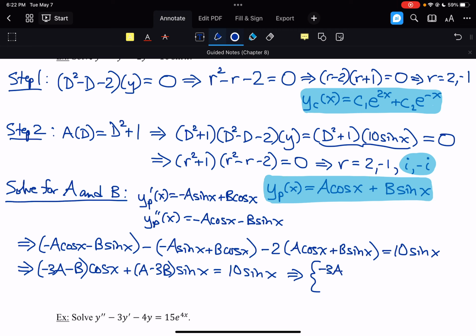So negative 3a minus b must be 0, right? So the cosine coefficient has to be 0 to match. And the a minus 3b must be equal to 10, right? Because the sine needs to match. So we've got a system of two equations here. You could set it up using a matrix, but with something this small, we really don't need to. We get a equals 1 and b equals 3.